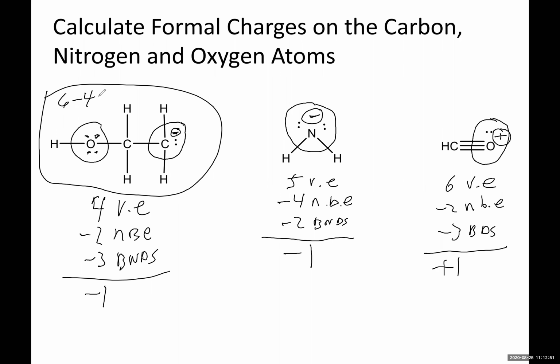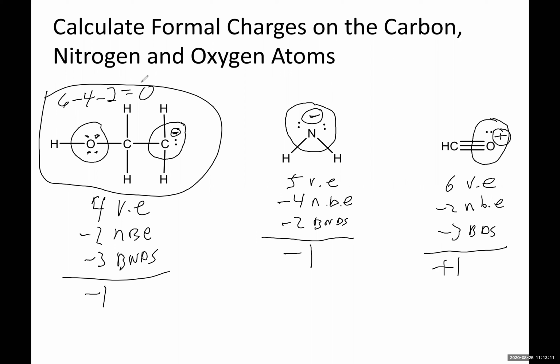Okay. Let me show you the next slide. I think maybe it will flesh this out a little more. So let me clear this and go to the next slide. I'm going to show you the formula for formal charge again.